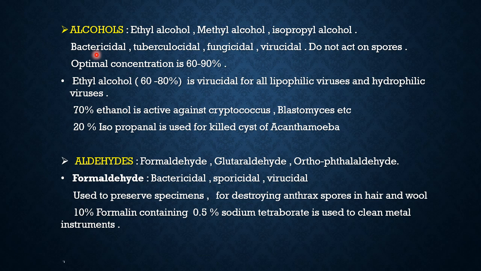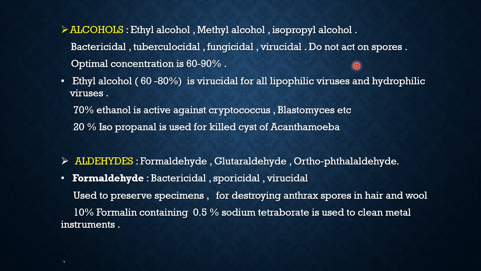Now let us study in detail the chemicals which are used for disinfection. First is alcohols. Under that we mainly use ethyl alcohol, methyl alcohol and isopropyl alcohol. These are bactericidal. Cidal, as I told, means they can kill. They can kill bacteria, fungus and viruses, and they are also tuberculocidal, which means they can kill mycobacteria, which cause tuberculosis.